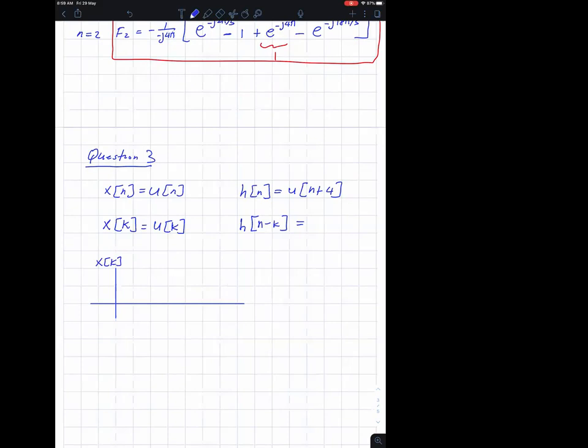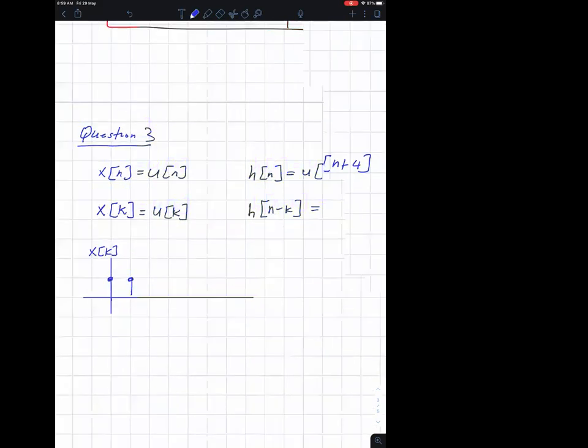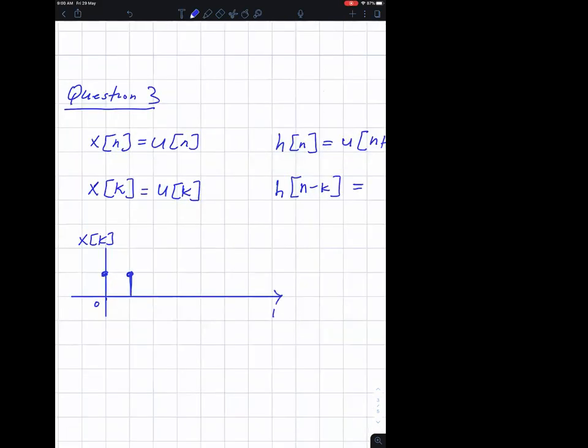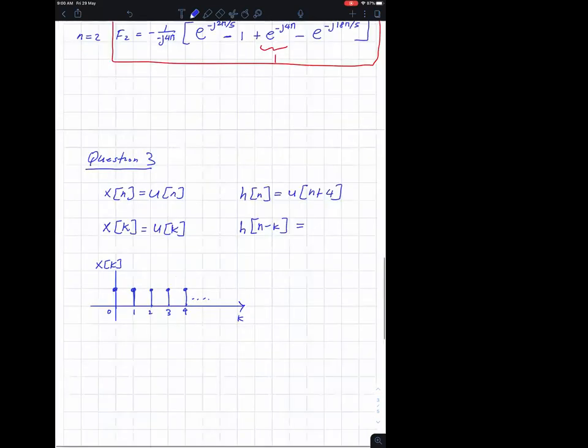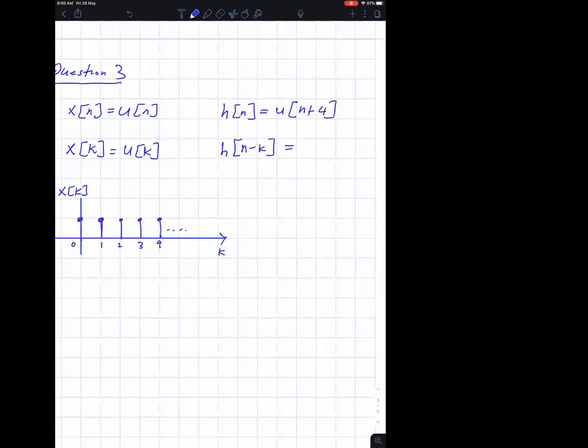X of k, you have a signal starting from 0, 1, 2, 3, and so forth. Then h of n minus k. Before you plot h of n minus k, I recommend that you plot h of k first. We go step by step. We do things graphically here.